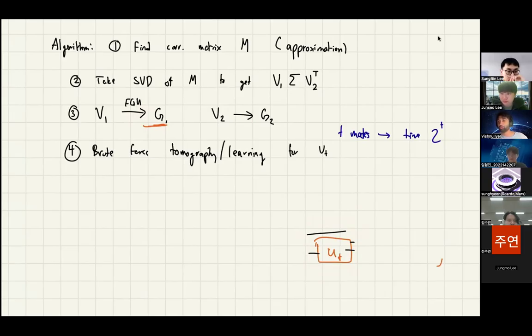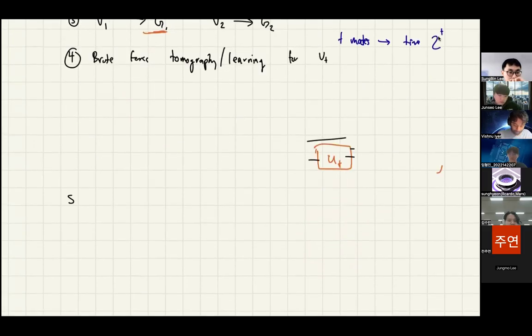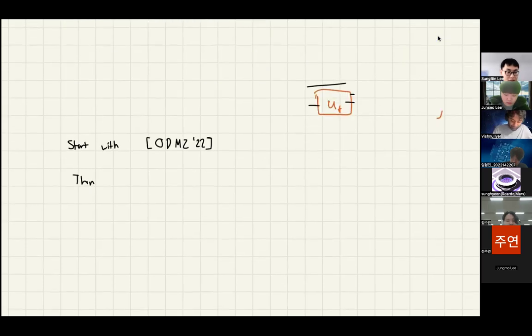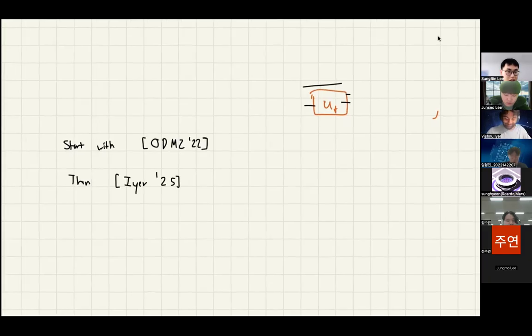So first, start with this paper by Oszmaniec. And then the next paper, I like this paper a lot.